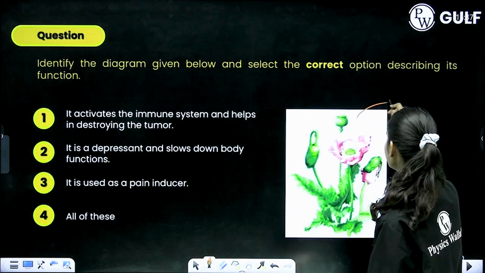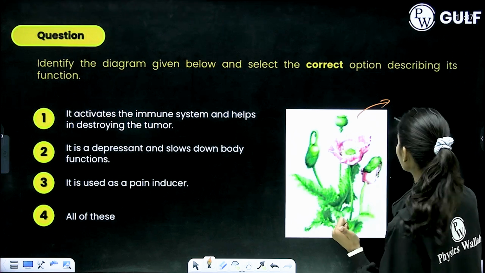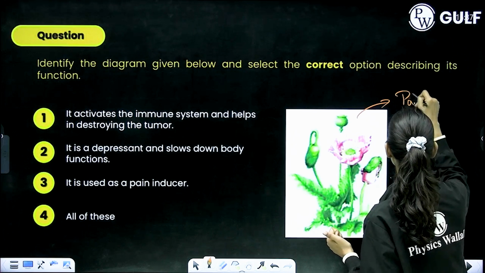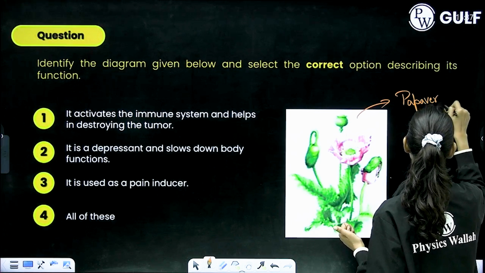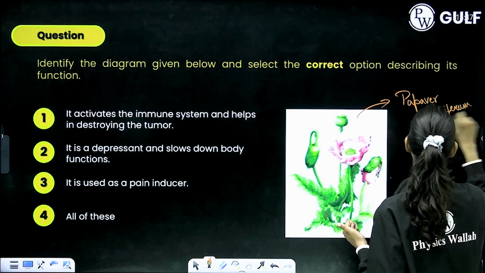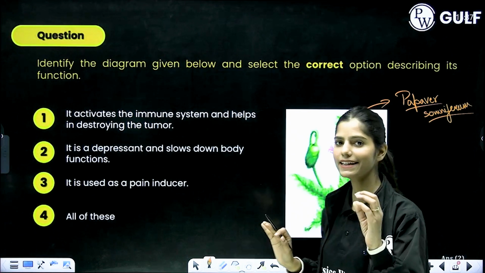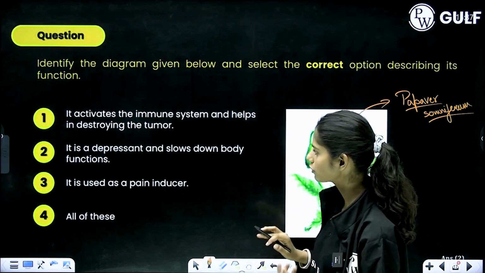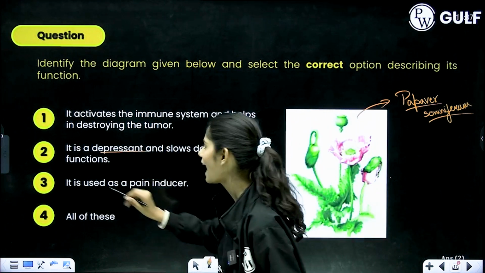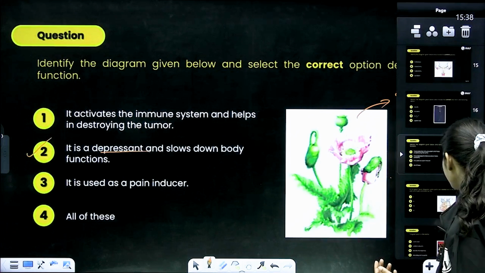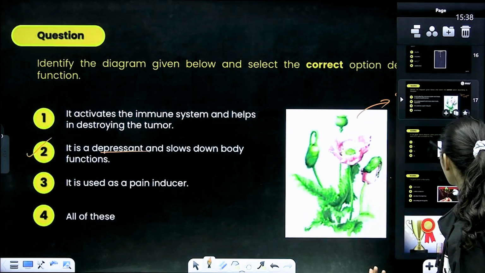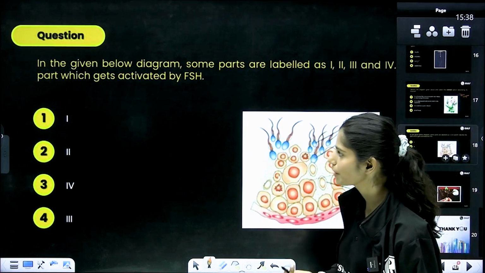This plant over here is the poppy plant, which has the scientific name Papaver somniferum. Just remember, it is responsible for the drugs which are depressants and slow down the body function.